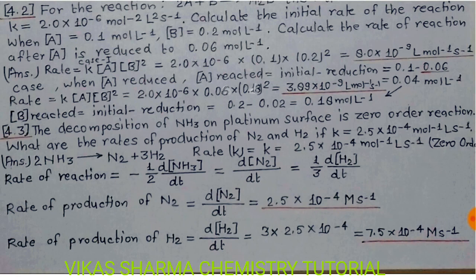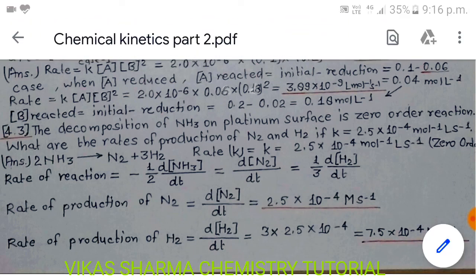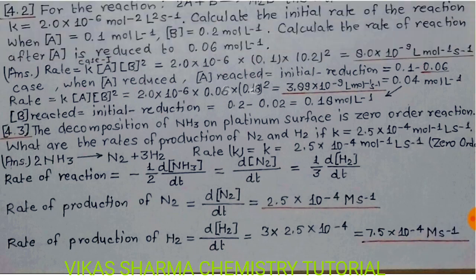So in the next case, when concentration of A is reduced, concentration of A reacted is initial minus reduction. The initial value is 0.1 and the reduction value is 0.06, so it is equal to 0.04 mole per liter.